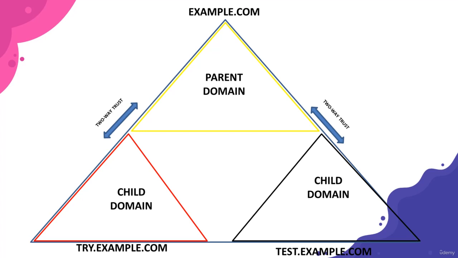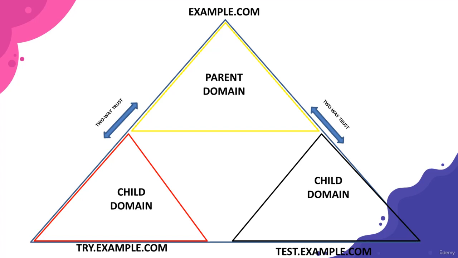The parent trusts the child, and the child trusts the parent. Similarly, there is a two-way trust between the parent domain and the test subdomain. There is no direct trust between the two subdomains. However, the transitive relationship creates a two-way trust between them.